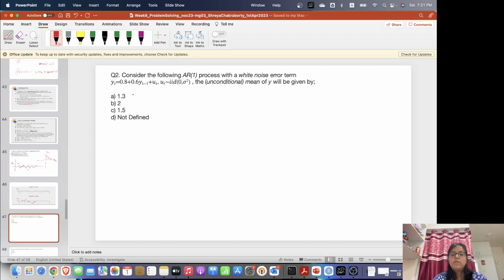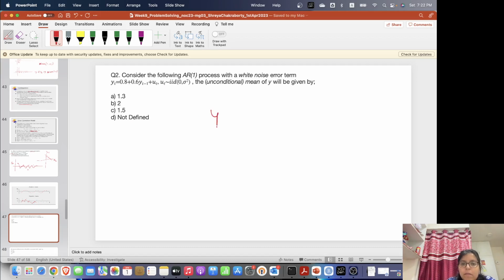We consider the following AR1 process with the white noise error term, such that this is the modeling. So the unconditional mean of y will be given by... Now, the first thing we should note is that here the mean of y is not having any t-th term. So we have to check if this thing is stationary or not.